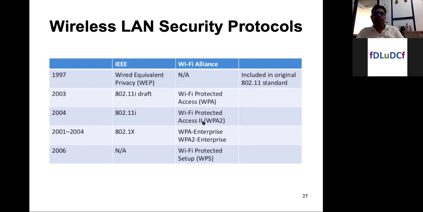The initial WPA protocol again used a weak symmetric key encryption cipher, that is the stream cipher called RC4. I already mentioned that RC4 is broken, so WPA is also kind of broken because of that.